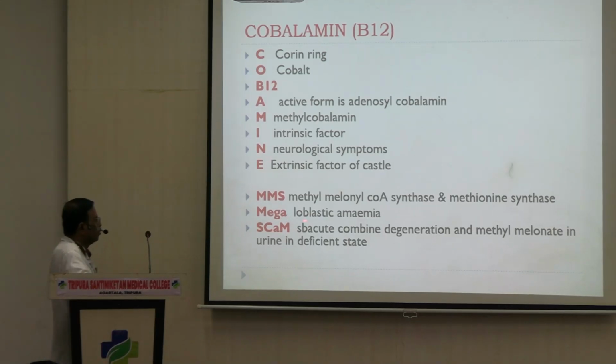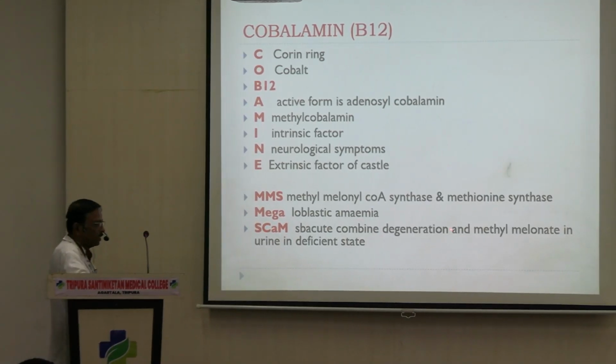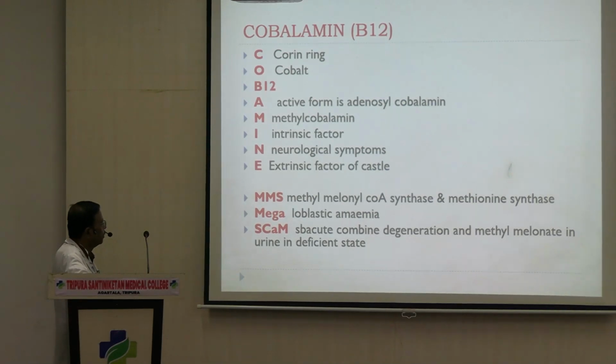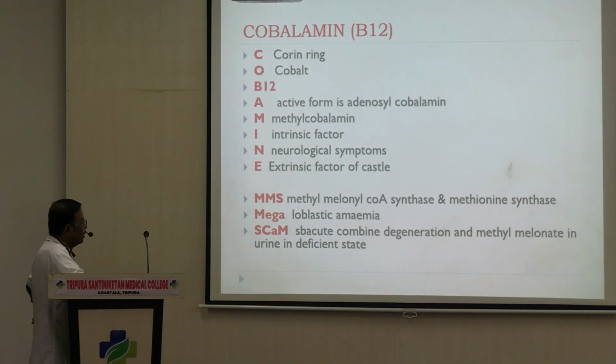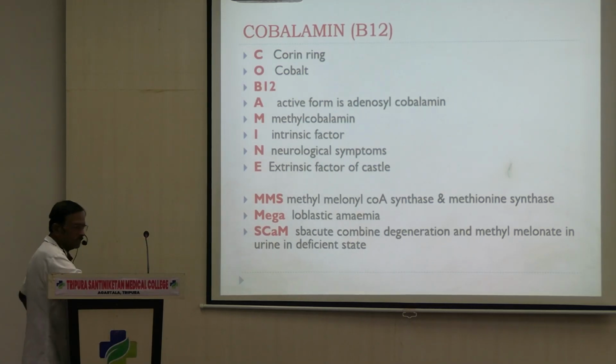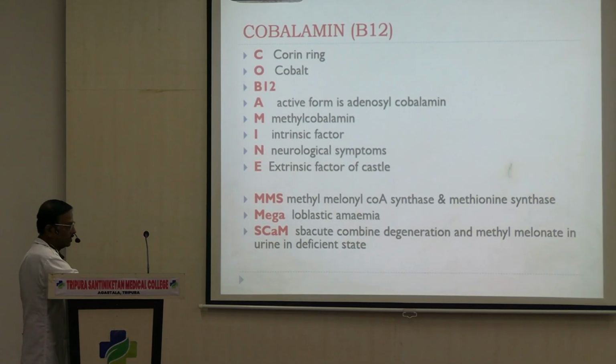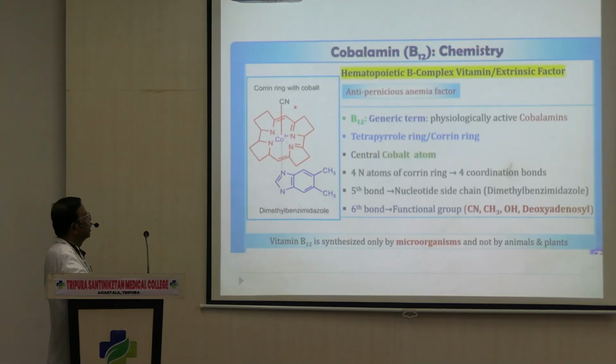Mega means megaloblastic anemia. SCAM means subacute combined degeneration due to deficiency of vitamin B12, and methylmalonate in urine: presence of methylmalonate in the urine in the deficient state. So it is just to remember the thing so that we can explain later on.